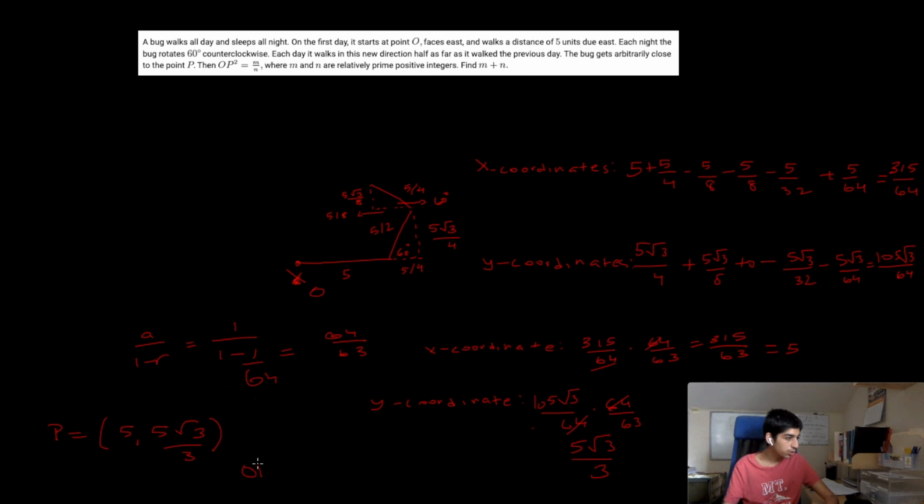So OP squared is just 5 squared plus (5√3/3) squared. That's 25 plus 75 over 9, which gives 100 over 3. Summing the numerator and denominator, we get our final answer of 103.